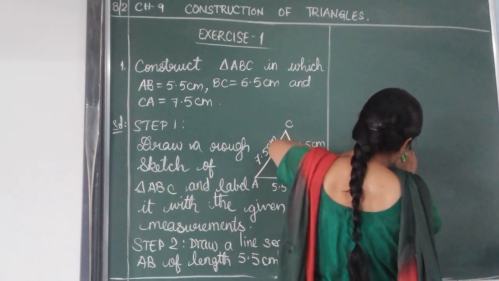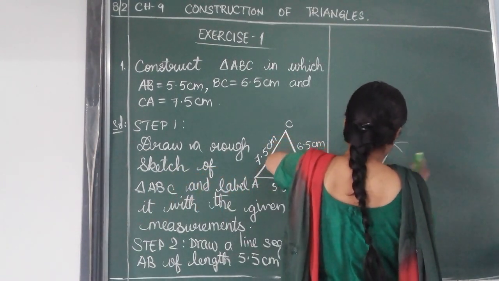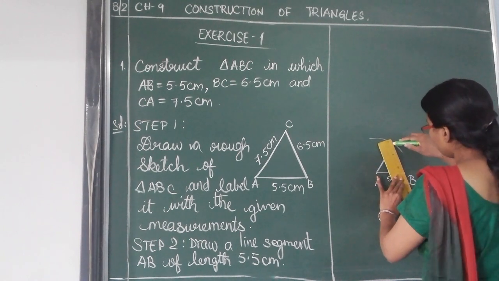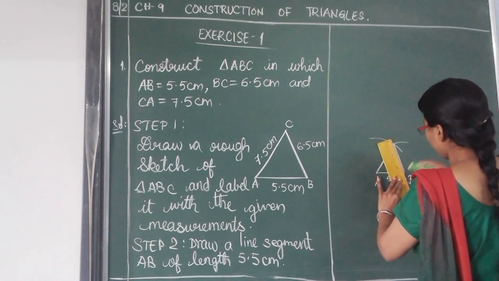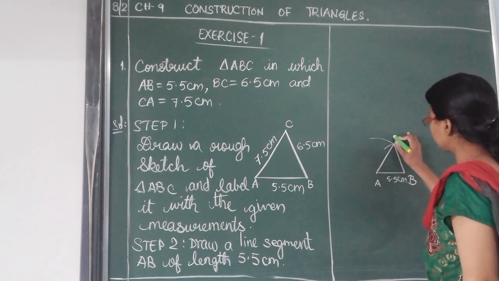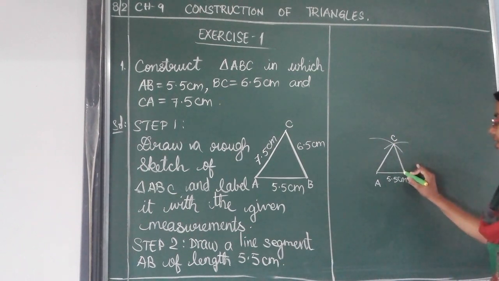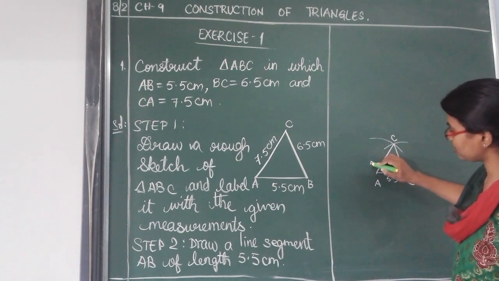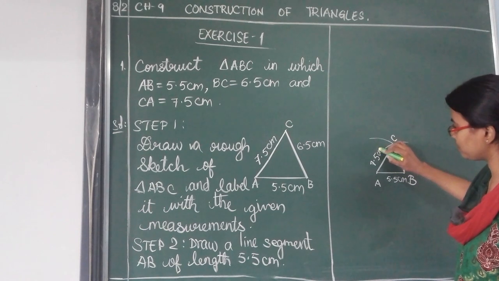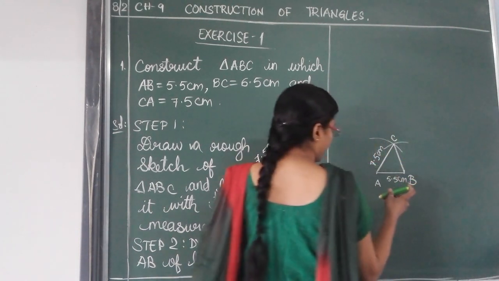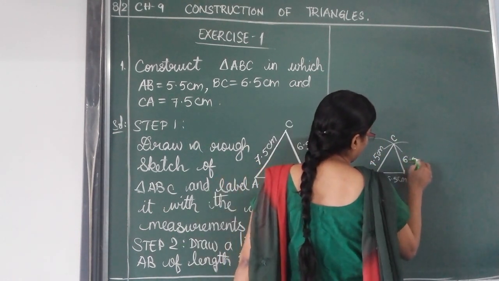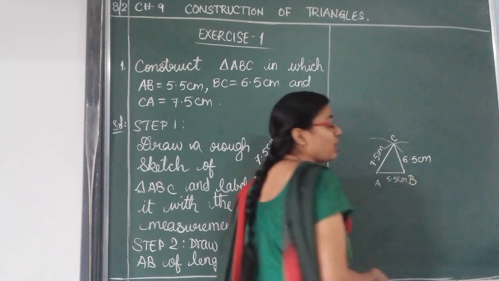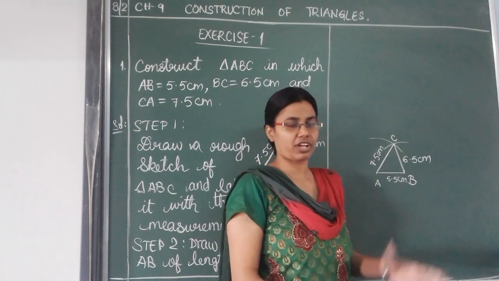Okay, so this CA I have to join and, sorry, BC, CB I have joined. So here the length is 7.5 centimeters and this side the length is 6.5 centimeters. We finished constructing the triangle.